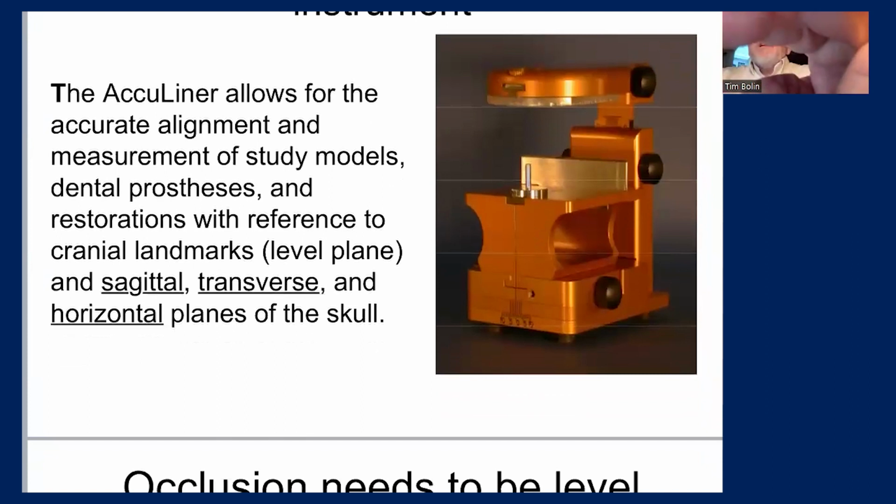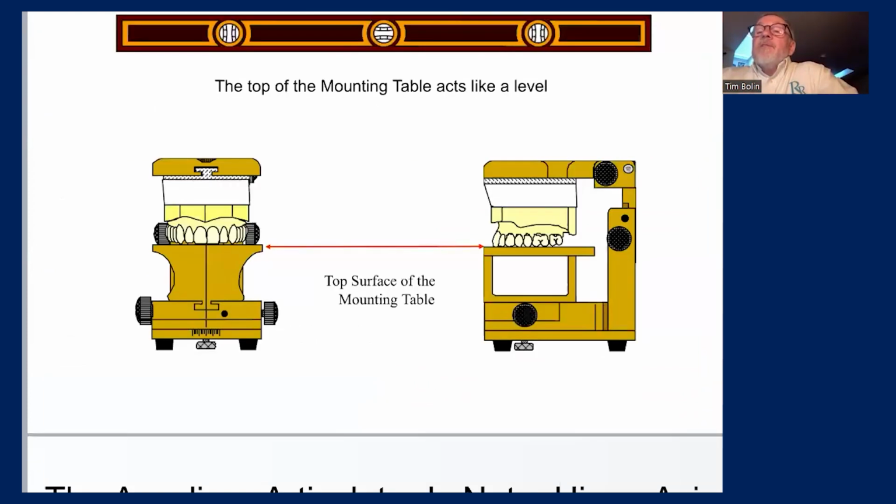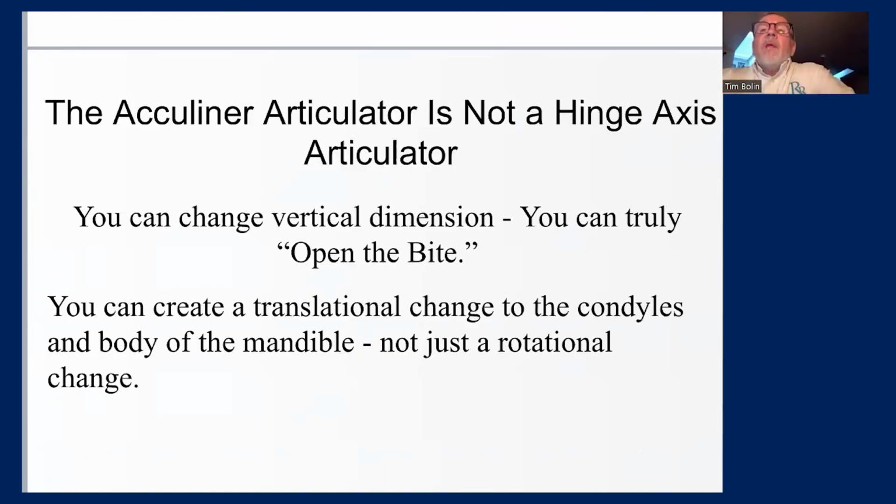As a technician, what we look for is a level perspective to something. Occlusion should be level to the long axis of the body. The Aculiner acts as a tabletop or mounting top as a level. The top surface of the mounting table acts as our level when we articulate the case with the Aculiner. That reference plane is exceedingly important to us.